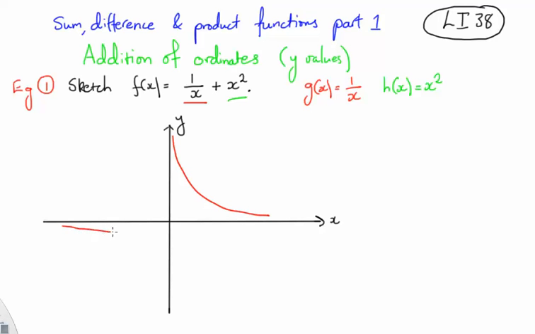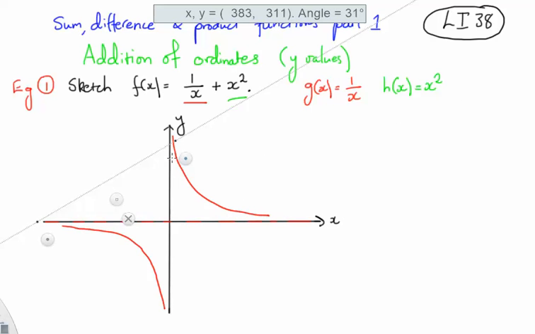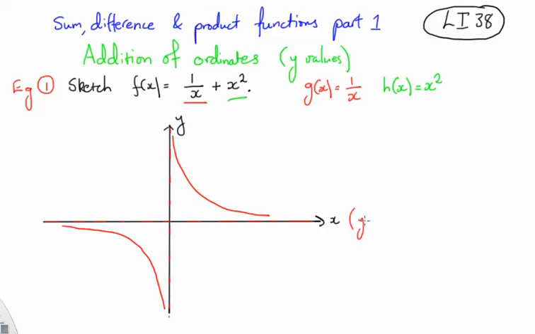There's our rectangular hyperbola. And we can't forget our asymptotes. Those are very important. Must have our asymptotes on our hyperbola. We can't touch them, but they're there, so we have our y equals 0 and x equals 0. Here, right.